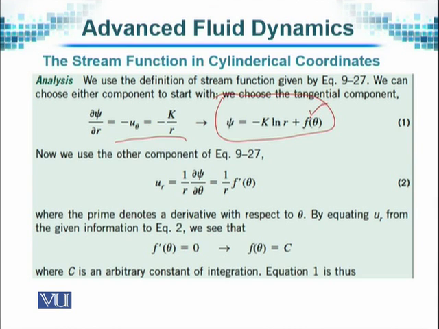Now we use the other component, the radial component. When we obtain the radial component through this equation equal to this one, and we integrate it with respect to r, we will have f prime of theta equal to 0, and therefore the value of f of theta turns out to be an absolute constant.